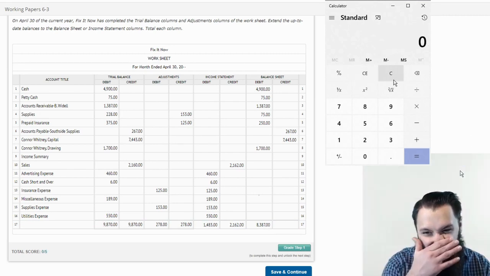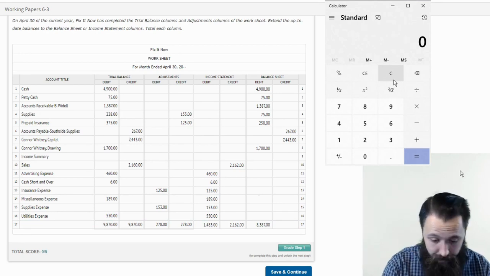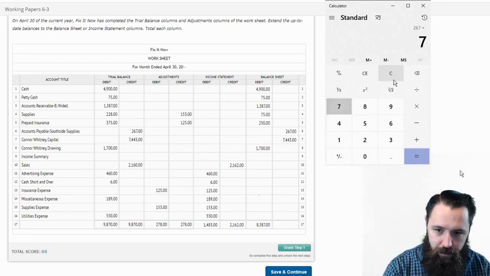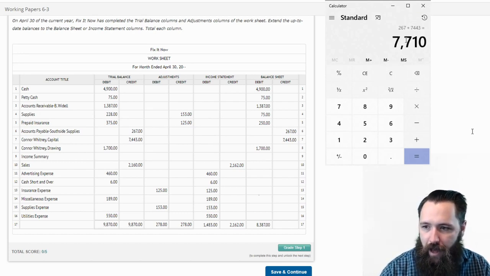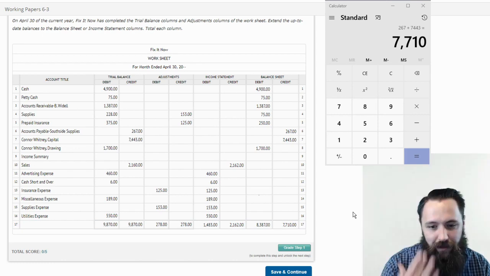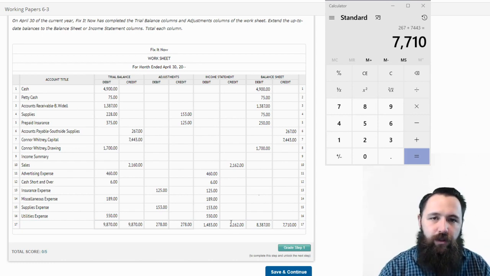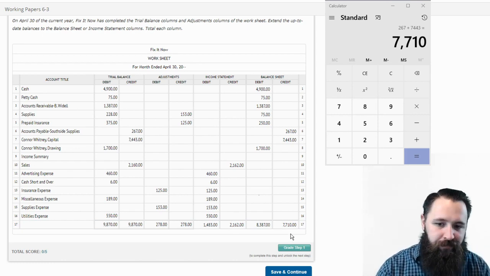And then on the right-hand side, the credit column, I have 267 plus 7443. And I get 7710. Okay, so you can see that these aren't matching, but that's okay. They're not supposed to match yet.